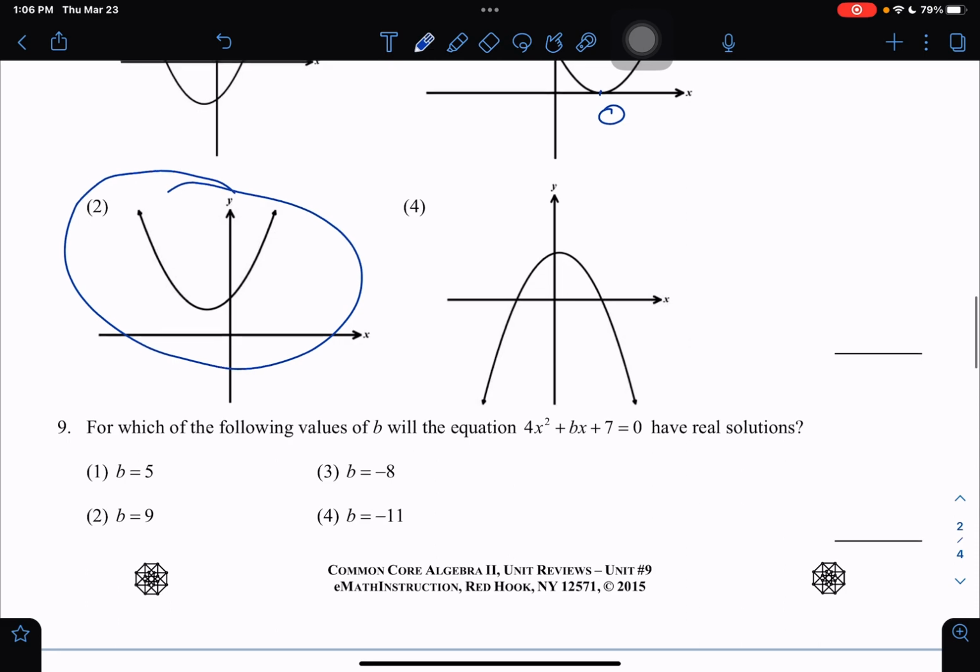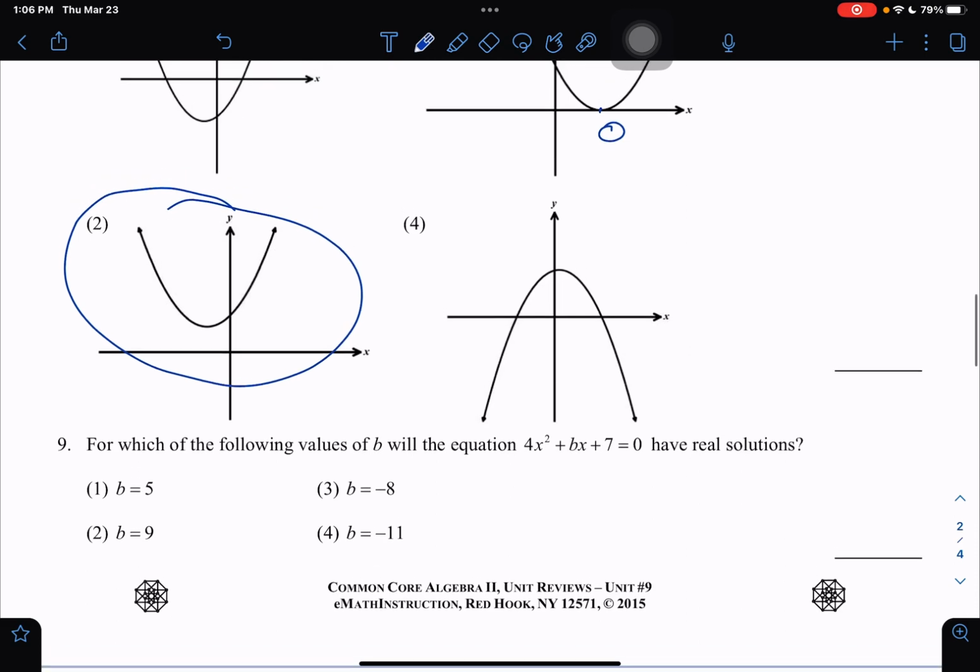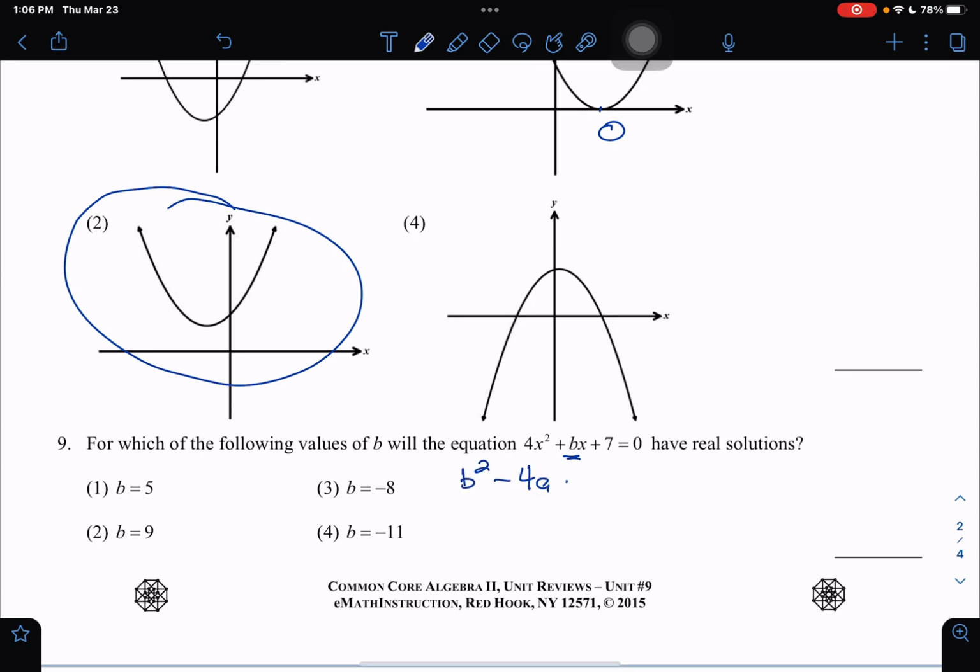And when we come down here to number 9, we want to know what b is. So b is tricky because the discriminant is b squared minus 4ac. And I don't know if you remember when we did quadratics with the square, it was either or.